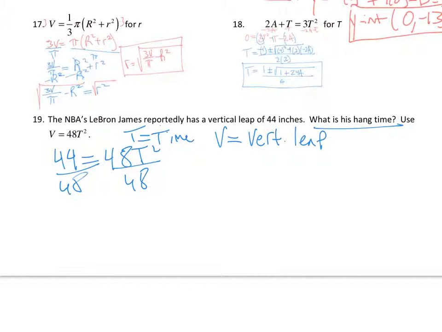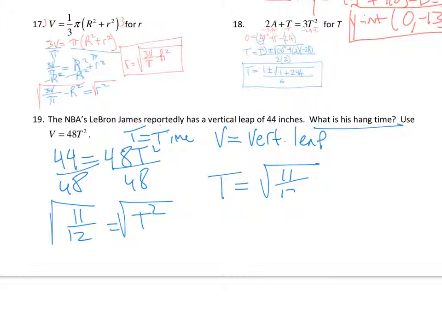Divide by 48. Let's find this out exactly. Okay, and so we can simplify that fraction. 4 goes into both. That's 11 over 12 equals t squared. And we can square root both sides. And so we have t equals the square root of 11/12. So let's go ahead and get this as approximate now.